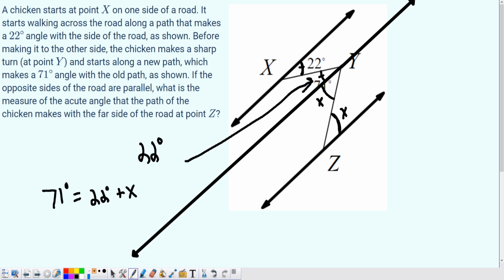So what is this going to be equal to? Just subtract 22 on both sides, and you will find that x is equivalent to 49 degrees. So this angle right here, the one we were looking for, is 49 degrees.